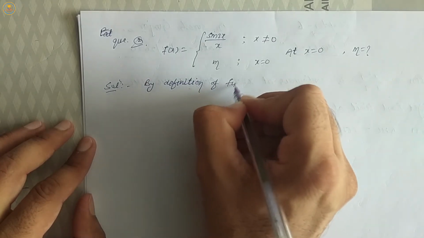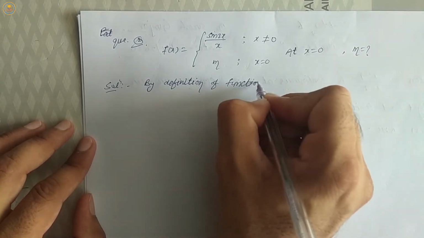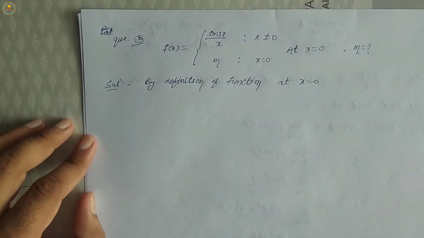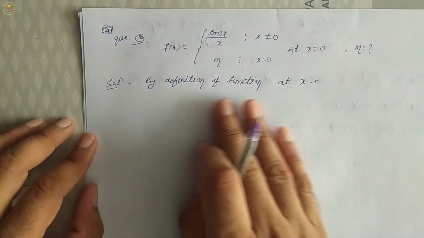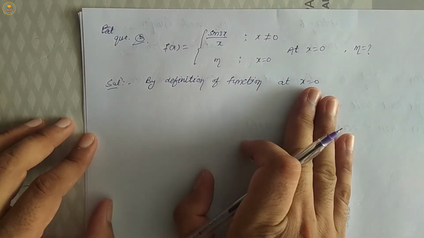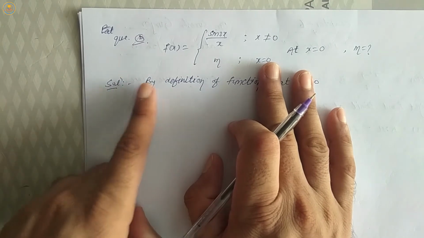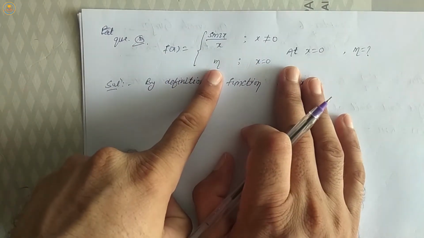By definition of function at x = 0. When x = 0, then the value of f(x) is equal to m.